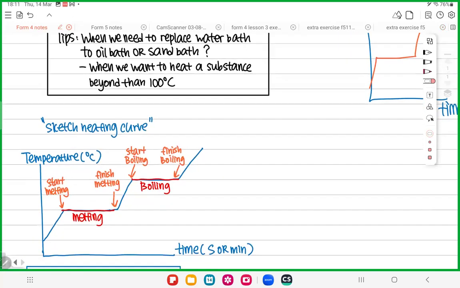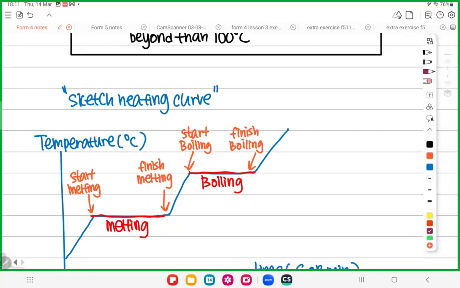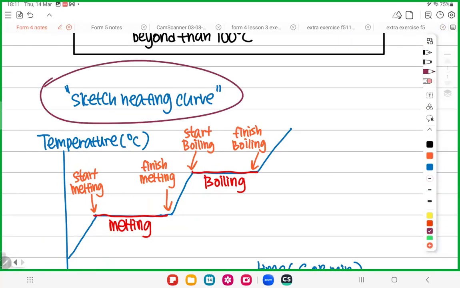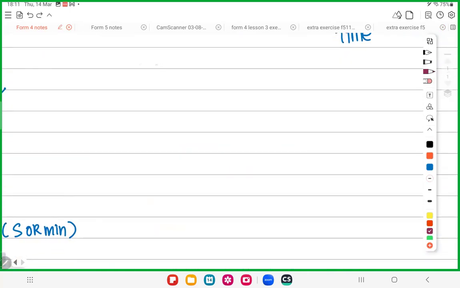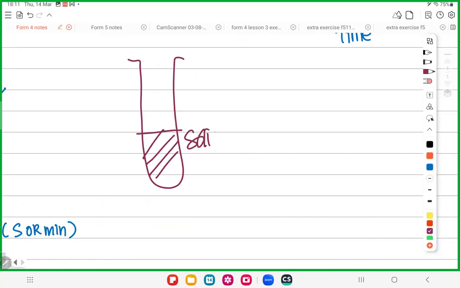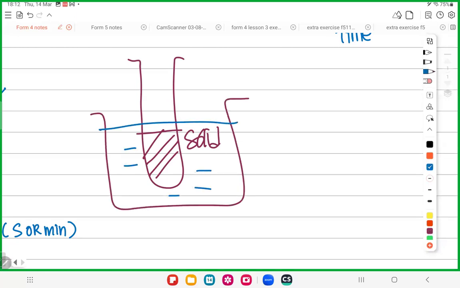Okay, so now let us sketch the heating curve together. So how to do it? Imagine this. First of all, this is a solid. I do indirect heating in the water bath. It can be a water bath, an oil bath, or a sand bath.